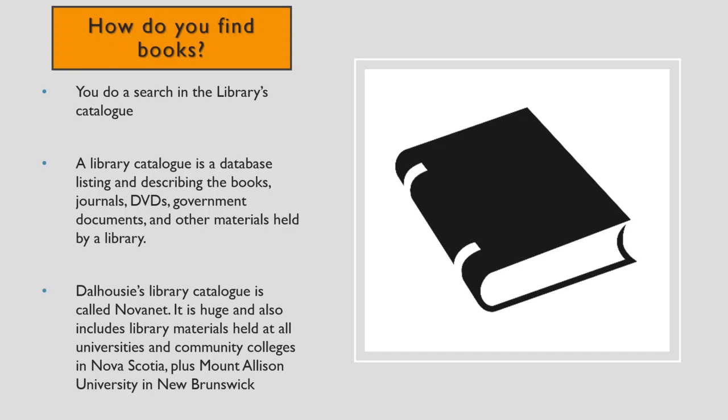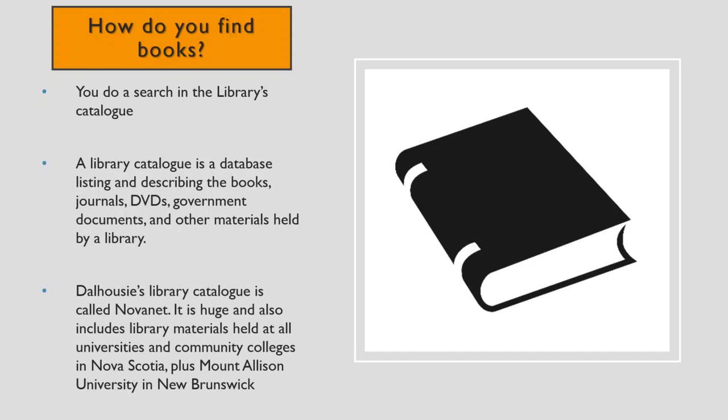This catalog that we use is huge, and it also includes not just the information that we have at Dalhousie University available to you, but library materials held at all universities and community colleges within Nova Scotia, plus Mount Allison University in New Brunswick.